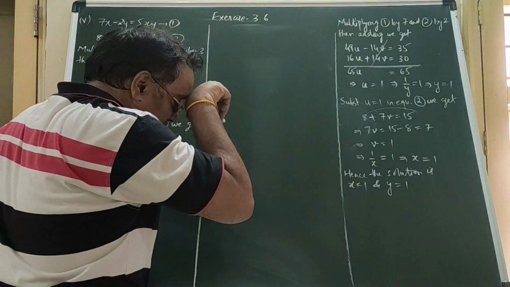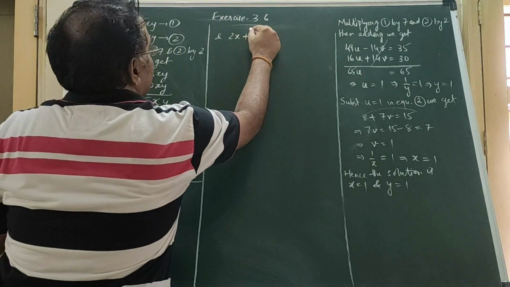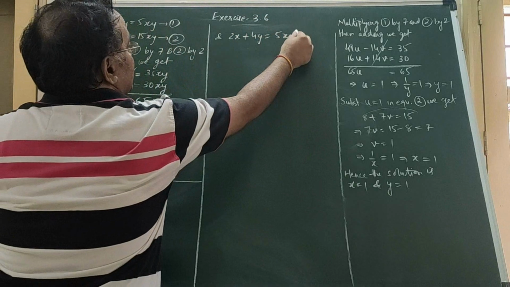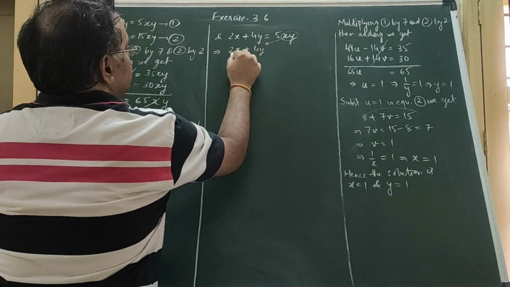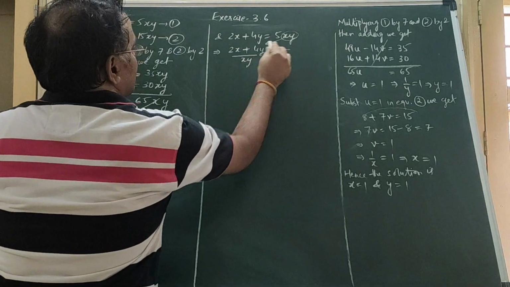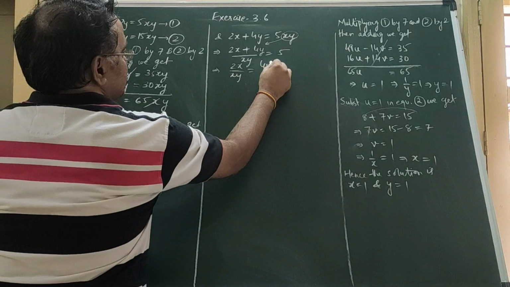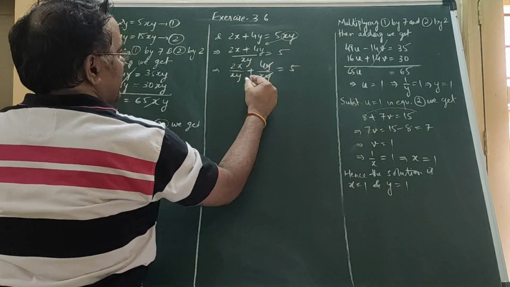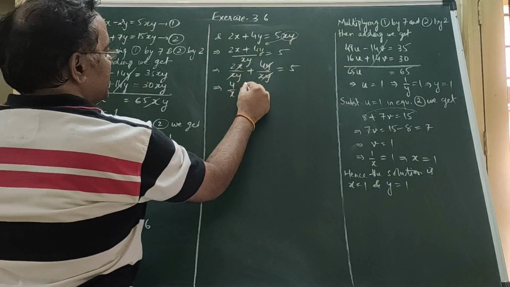Now the second equation, 2x plus 4y is equals to 5xy. तो यहाँ पर भी ये xy को नीचे शिफ्ट करेंगे और शिफ्ट xy to the bottom. Then we'll split y by x cancel, and I am going to write the x term first.